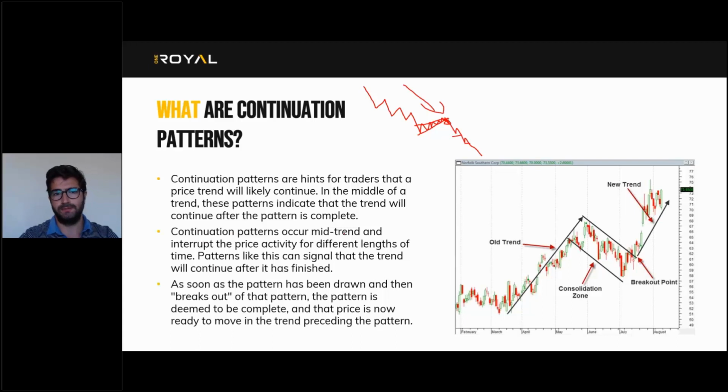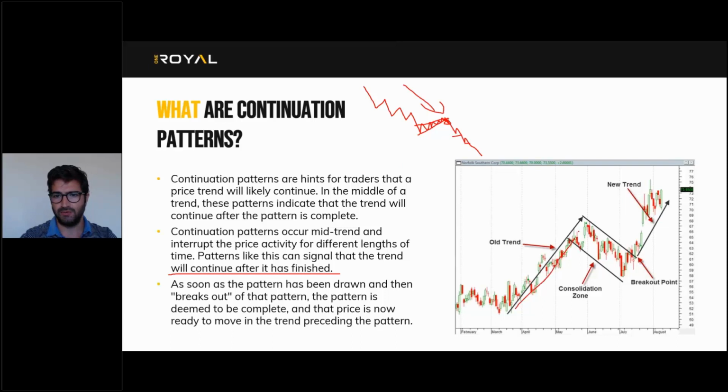They occur mid-trend and interrupt the price activity for different lengths of time. Patterns like this can signal that the trend will continue after it has finished. So if we look to the right as well, we have an example here.